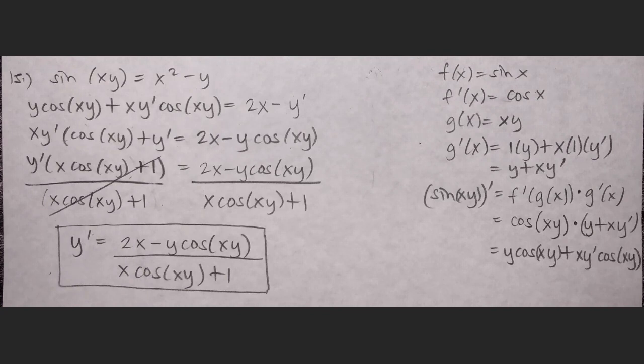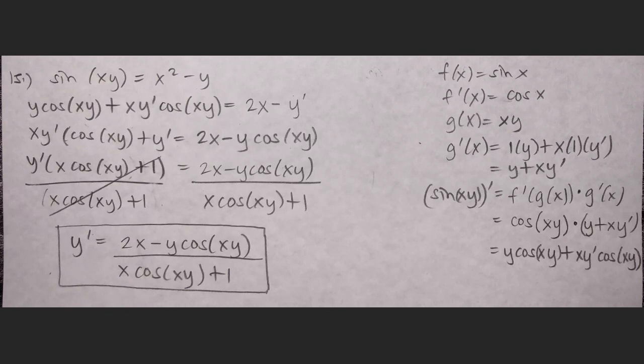Then the next step is to combine the terms with y prime. I move negative y prime to the left by adding y prime, and I move y cosine xy to the right.